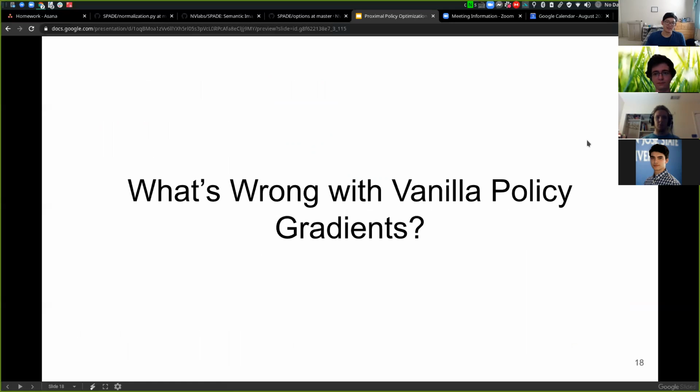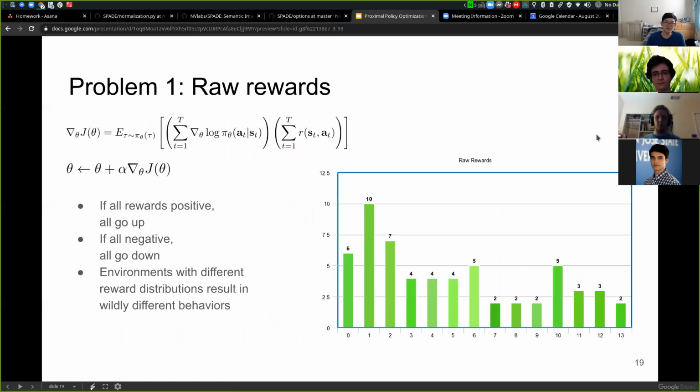But what's wrong with vanilla policy gradients? It turns out there are a lot of issues with this formulation. First of all, if you look at raw rewards, you will see that often for every step, for every transition, you will get some non-zero reward. Maybe a low one, like 2, for example. And it doesn't really show you the direction of whether it's a bad action or not.